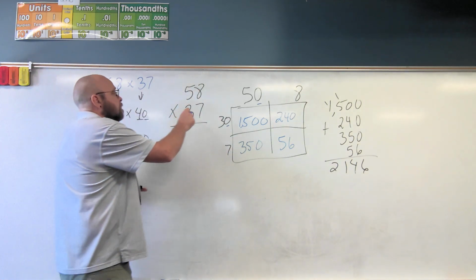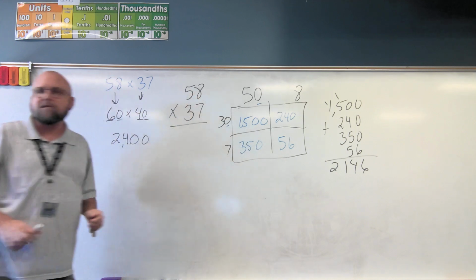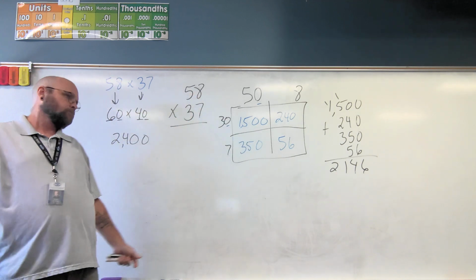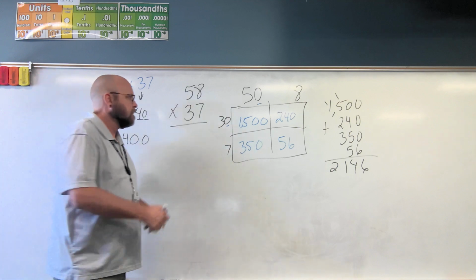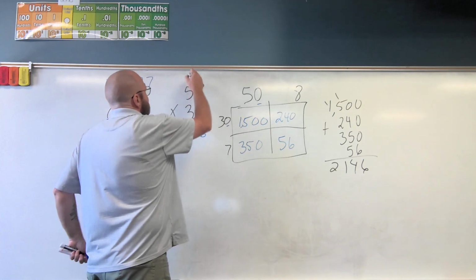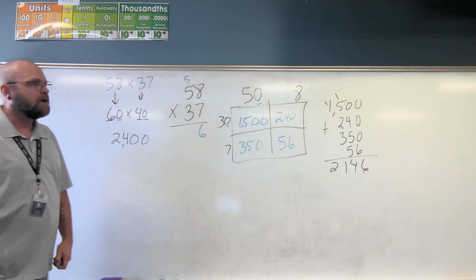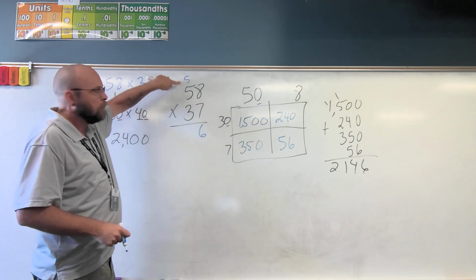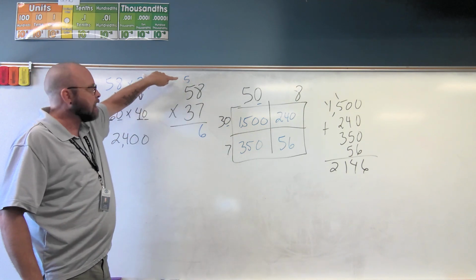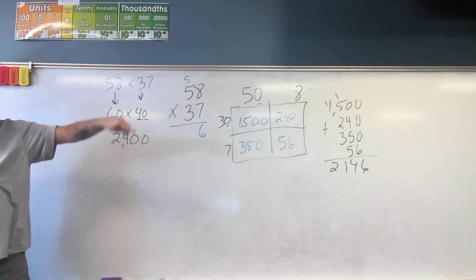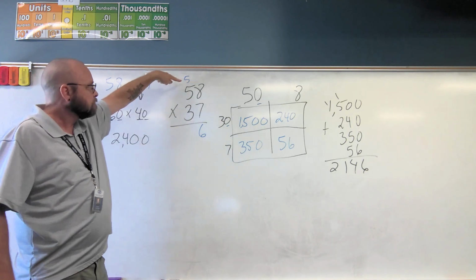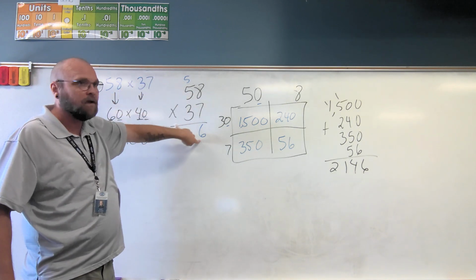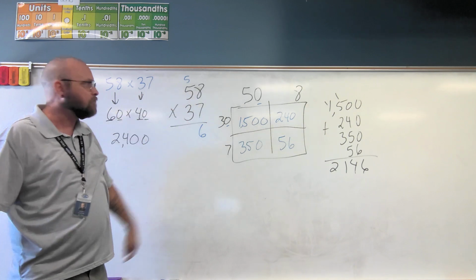Here I have 7 ones times 8 ones. What's 7 times 8? 56. So that means I have 6 ones and 5 tens. That's why you put the 5 up here, because I have 56 ones. Nobody wants to carry around 56 ones, so you can change it to 5 tens and 6 ones. It's the same value.